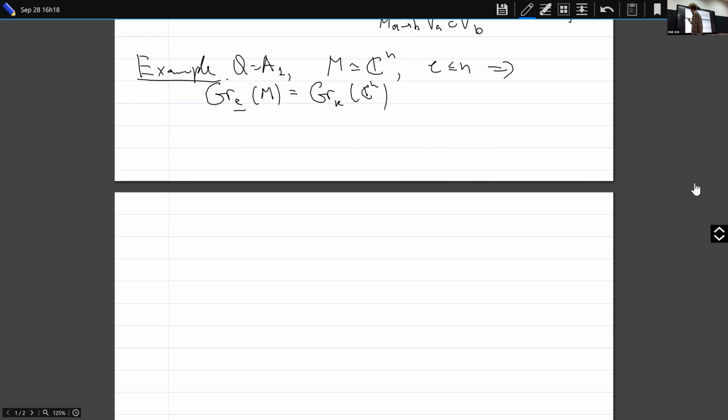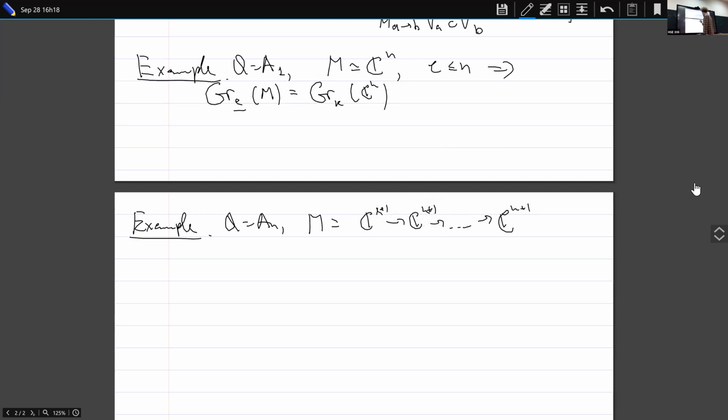Another example is the cyclic quiver, and M is nothing but C^n, actually C^{n+1} better. Yes, so all the vector spaces are n plus 1 dimensional, and the maps between these are identity maps.